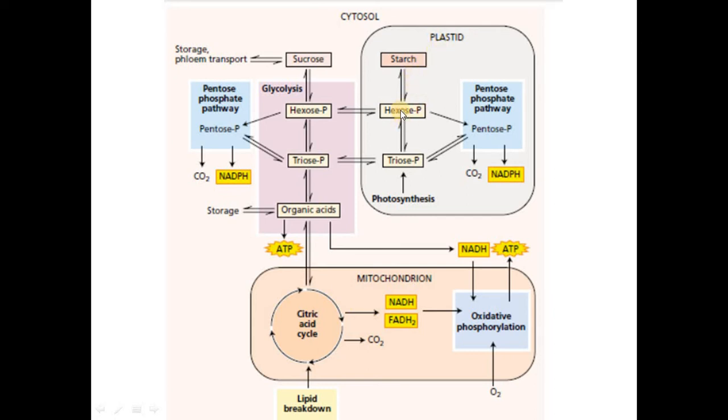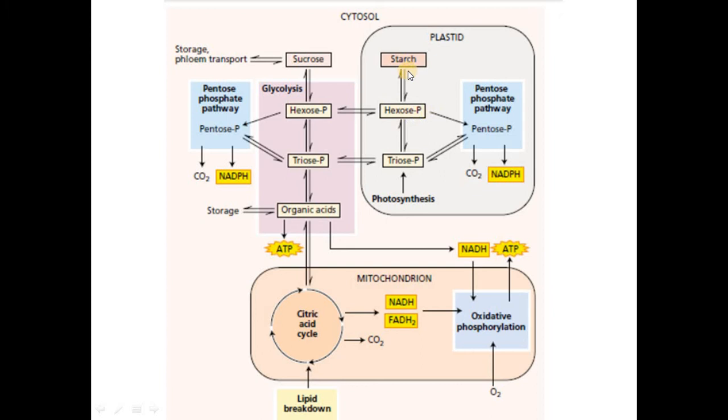Now, however, some of the 6 and 3 carbon sugars can enter glycolysis at different points. So this is the major difference. In animal cells, you will not have these inputs in the middle of the cycle, but it's going to go straight down to the mitochondria.